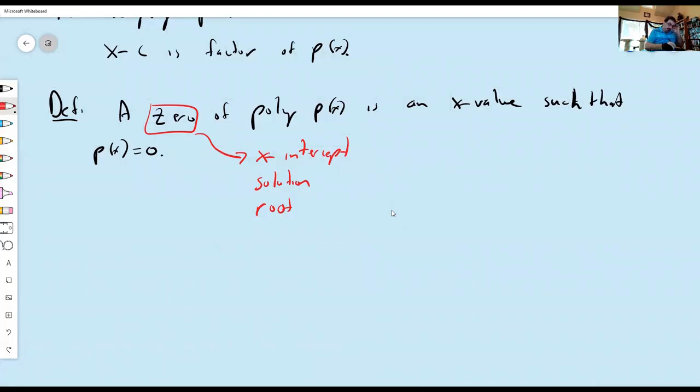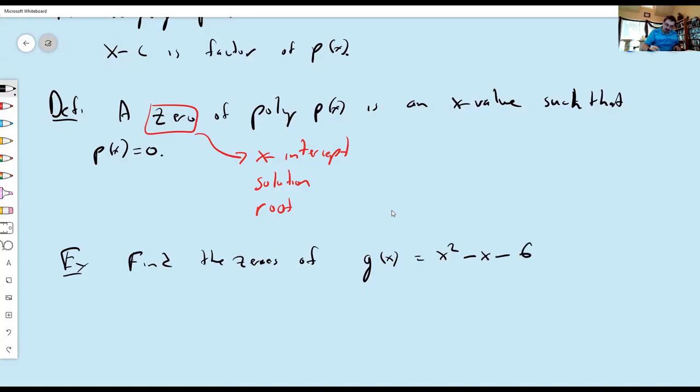So let's look at an example real quick. Let's just do a simple one. Find the zeros of g of x equals x squared minus x minus 6. Zeros are x values that make y equal to 0.